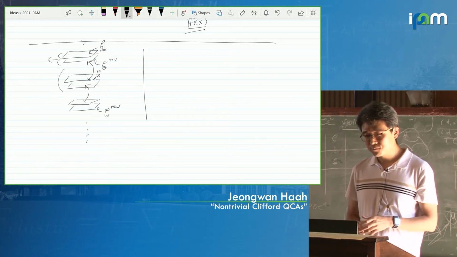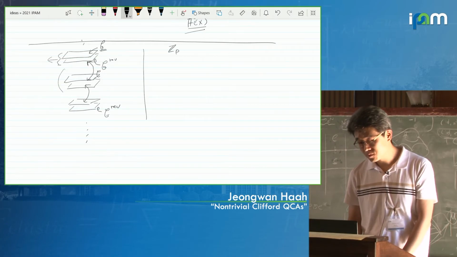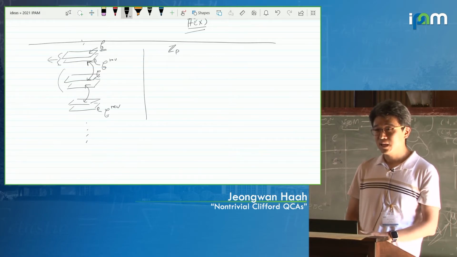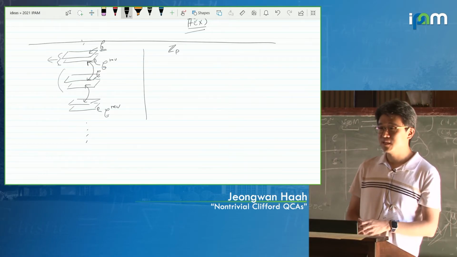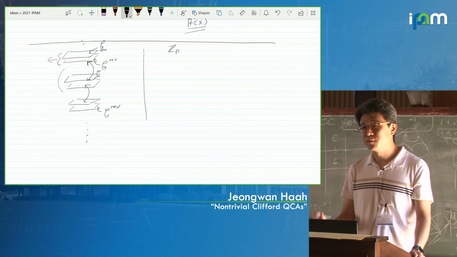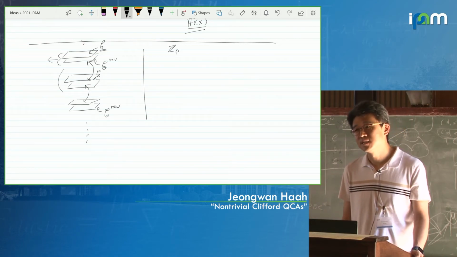But fortunately, for the simple theories whose fusion group is Z_p, this can be done, and the ending result is that the Hamiltonian will be some Pauli operator again, but this time not necessarily qubits, but some higher dimensional ones.